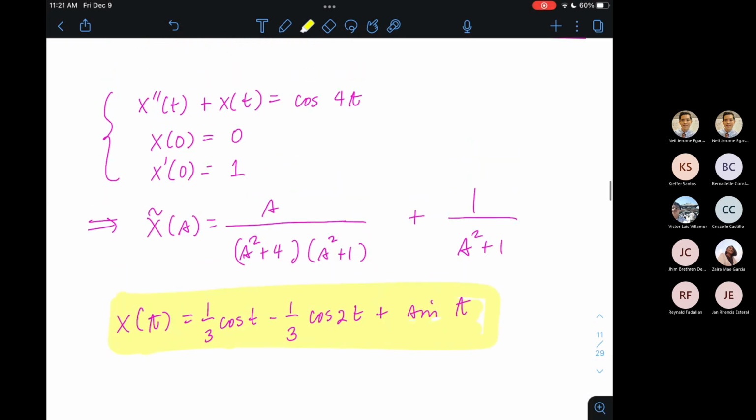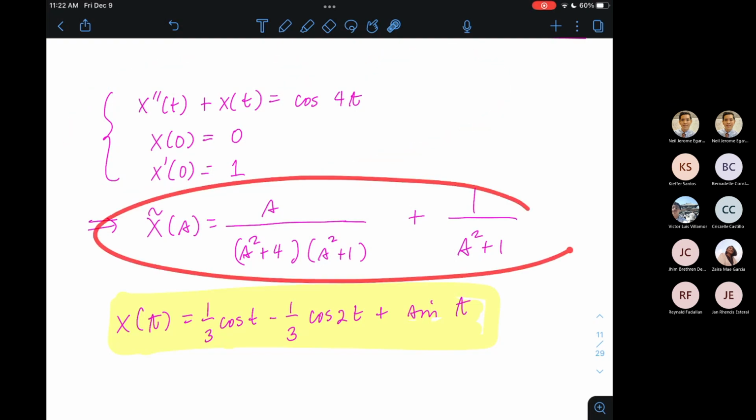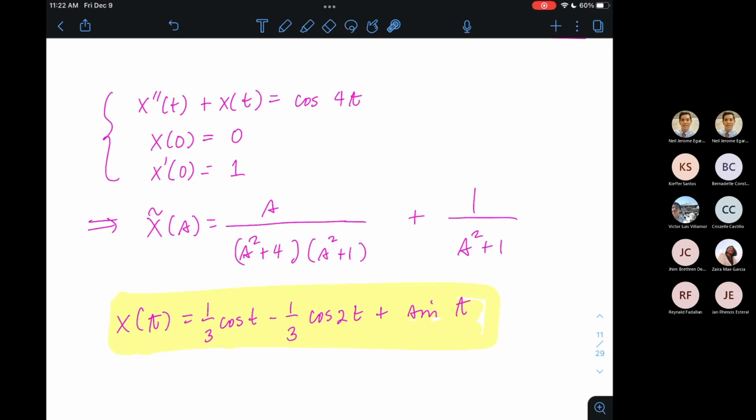And I solved it not with variation of parameters, not with undetermined coefficients, not with homogeneous solutions and the non-homogeneous solutions combined. Wala akong ginamit na calculus dito. Right? Kinuha ko lang yung Laplace transform, nag-solve lang ako ng algebraic equation, nag-inverse Laplace transform ako. Right? And this is actually the gist of section 4.7.